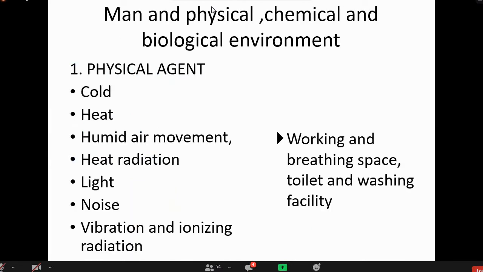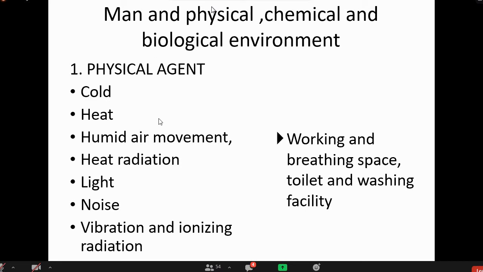Okay. When we talk about the physical, chemical, and biological environment, of course, it is important when there is cold, heat, humid air. Remember, we had a very massive heat wave, with lots of humid air and lots of heat at that time, and there were lots of laborers who were working, and unfortunately the people were fasting, and there was deep heat, and so there were a lot of deaths occurring.